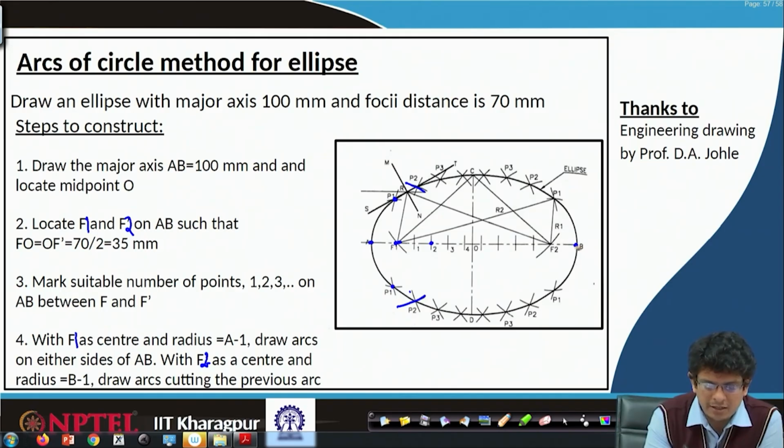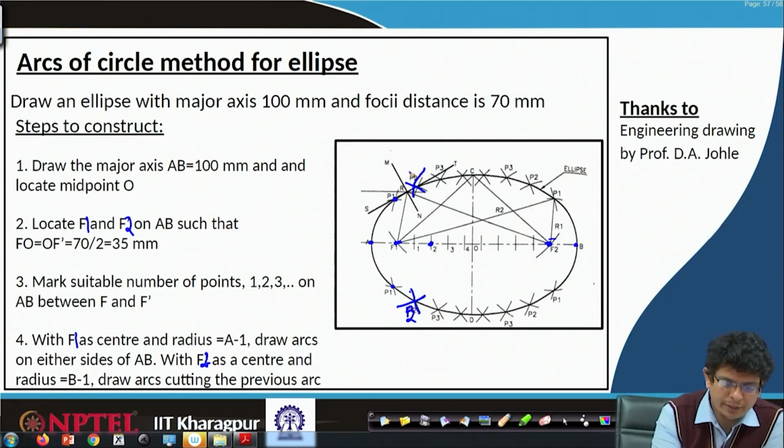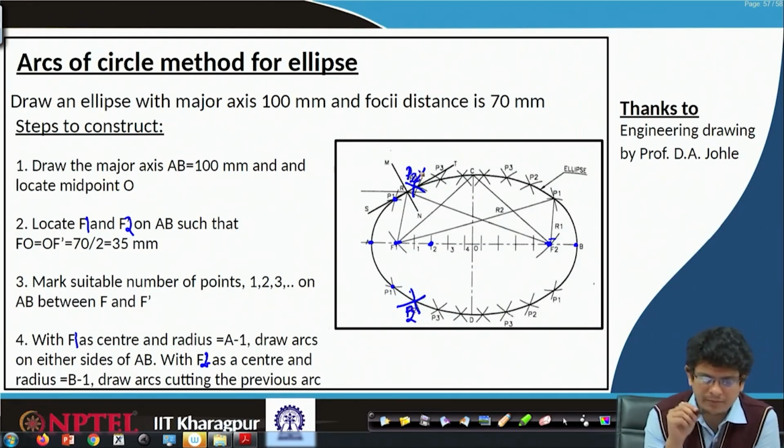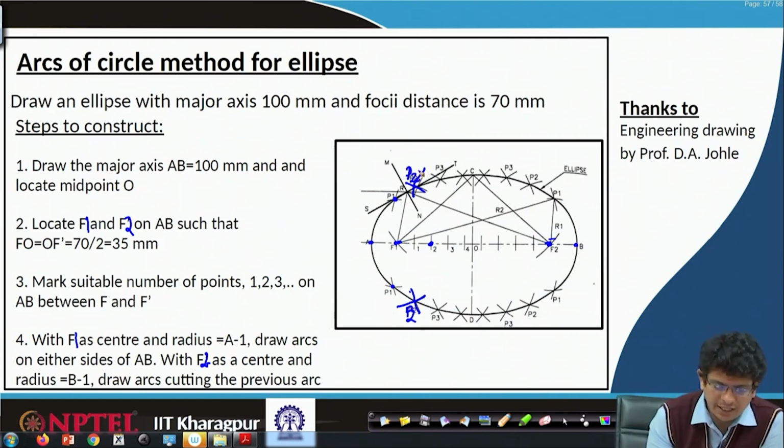Similarly, take the B to 2 distance, with F2 as center, and make an arc on both sides. Whatever the intersection point, let us call it P2, P2 dash or P2 prime, in such a way that the A to 1 distance plus the B to 1 distance always gives us the major axis.